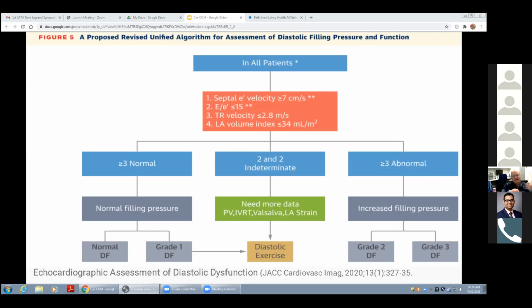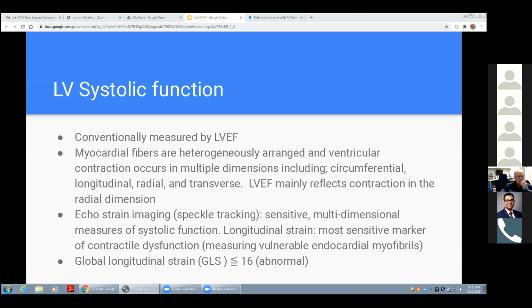In my mind, that's using a Swan-Ganz catheter. So despite the fact that we're all going to echocardiography, which we do for all of our cases here, I think there is room and there's utility to using Swan-Ganz catheters. So next, we'll talk a little bit about systolic function.